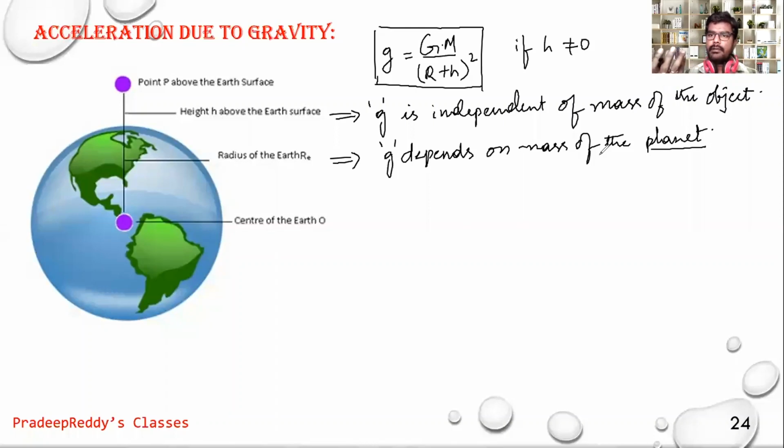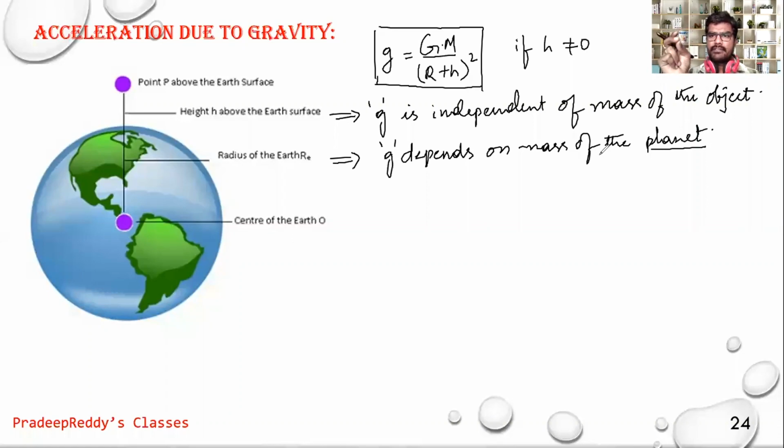Mass of moon and mass of earth are not the same. Therefore, if you leave an object on the surface of Jupiter, it falls with an acceleration greater than 9.8 meter per second square, because mass of Jupiter is greater than mass of the earth. So it may fall with 10 meter per second square or 15 meter per second square. That depends on the mass of Jupiter.